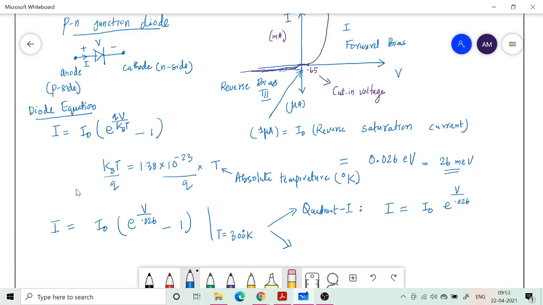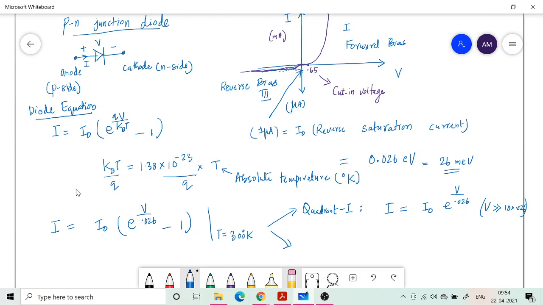Why? Because I am assuming that V is greater than, say, 10 times 0.026. If V is 10 times greater than 0.026, which is the denominator part of the exponential, then it is e raised to 10.